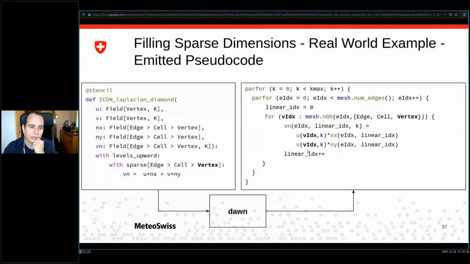And then we obviously also have this sparse dimension, which we intend to fill. A sparse dimension always needs this linear index, in this case going from 0 to 3 or from 1 to 4, to actually fill it. Before, you have only seen this index on the right-hand side of the assignment, and in this case, it also appears on the left-hand side.